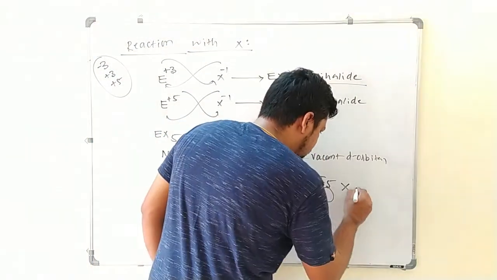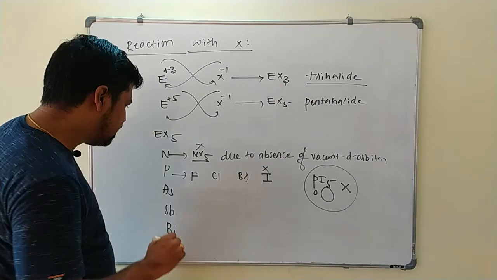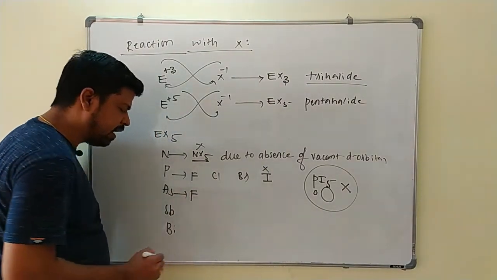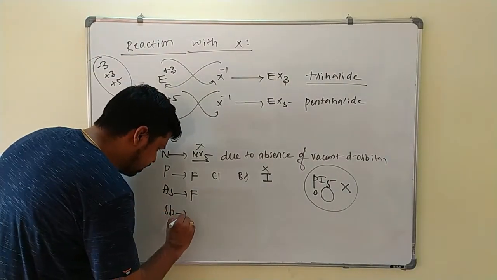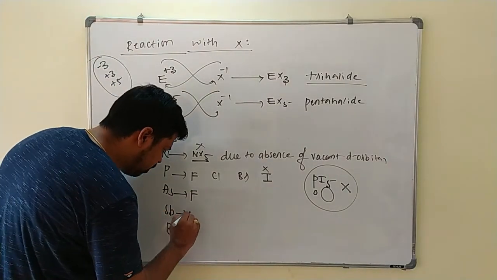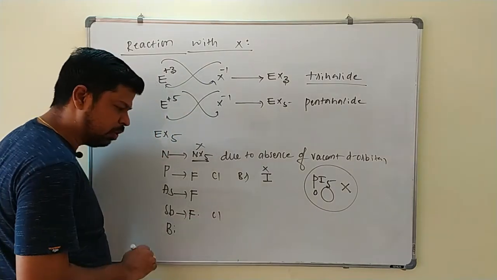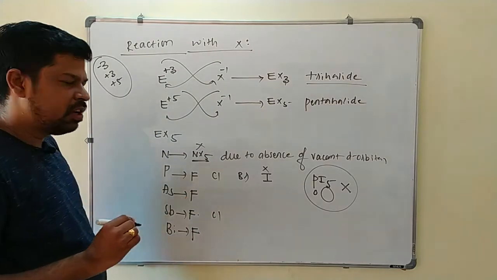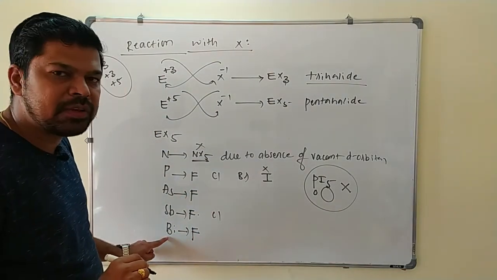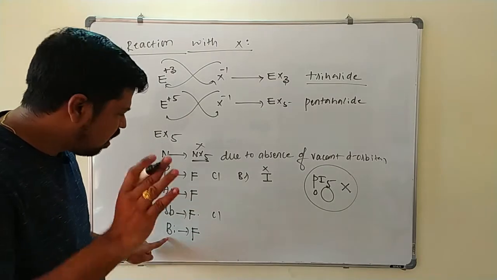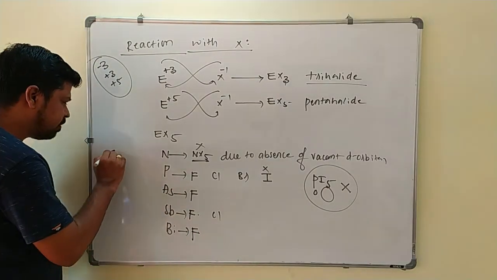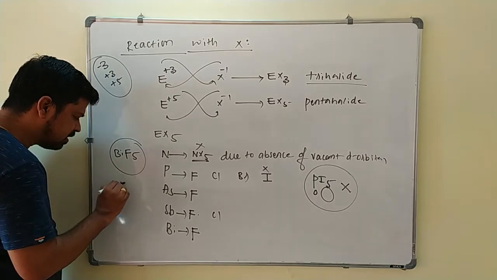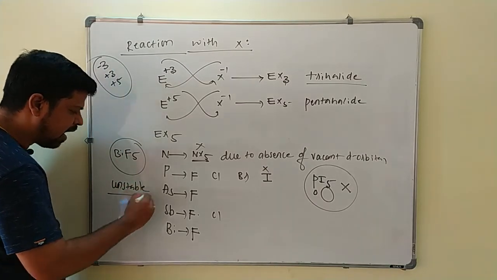Arsenic will form only the pentahalide of fluorine, antimony will form the pentahalide of fluorine as well as chlorine, and bismuth will form the pentahalide of only fluorine. You may ask, sir, in the case of bismuth the +5 oxidation state is not stable. Of course it is true; BiF5 is formed, but it is unstable.